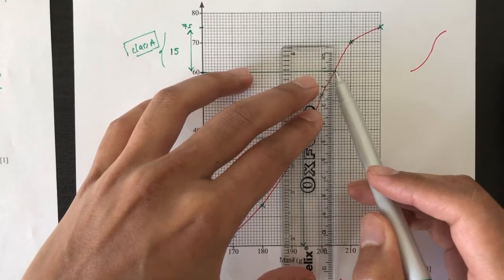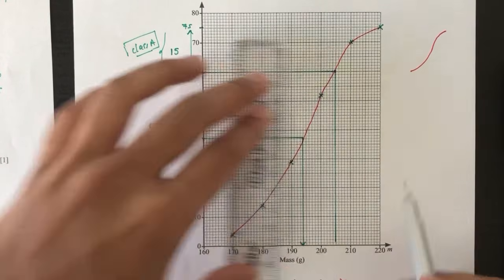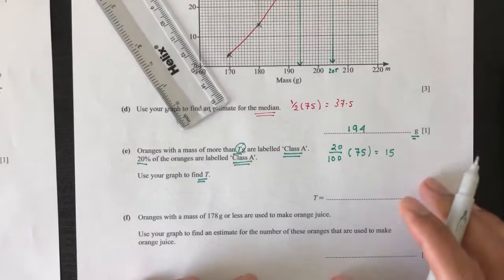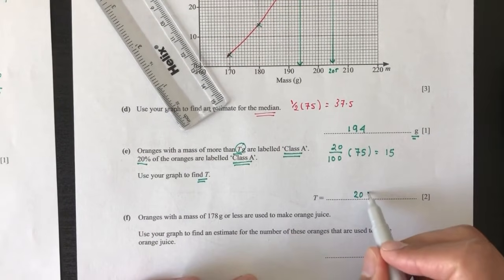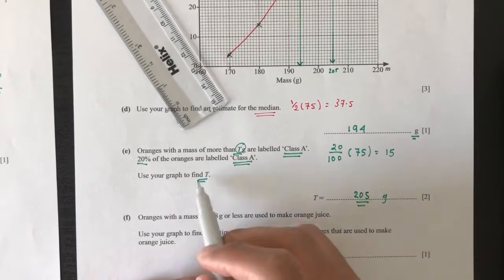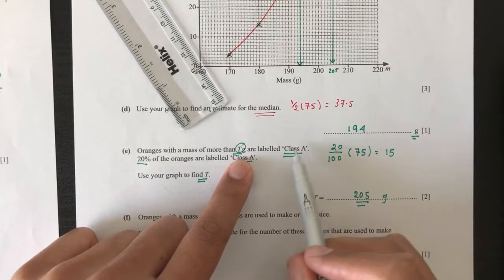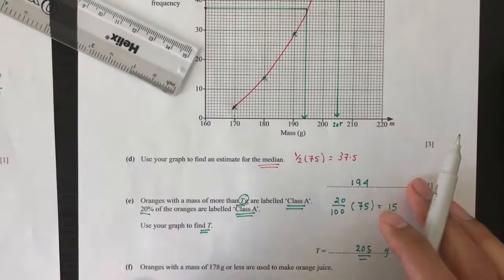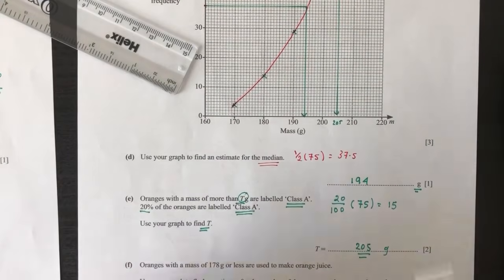If you draw your straight line, you should get about this value, which is 205. So for me, t is 205 grams. That's the value of t for us to find class A on this graph. For my graph at least, your graph will be a little bit different. It can be 204, 206, but that is fine.